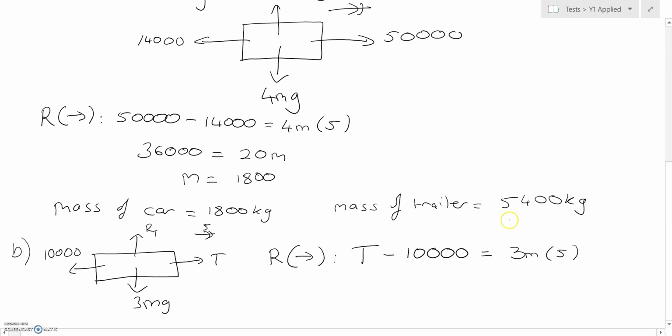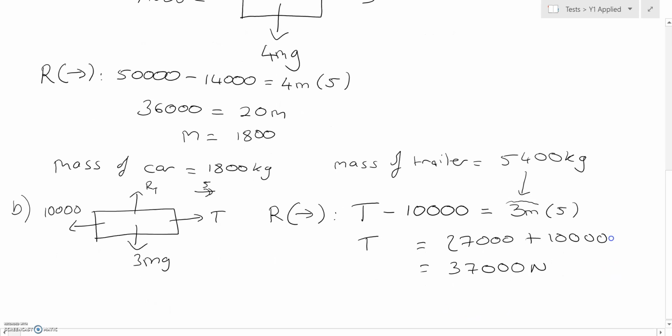And we can put in 5400 as our 3m. So T is going to be equal to 5400 times 5, that's going to give us 27,000 plus 10,000, and that's giving us 37,000 newtons total, and that's our tension.